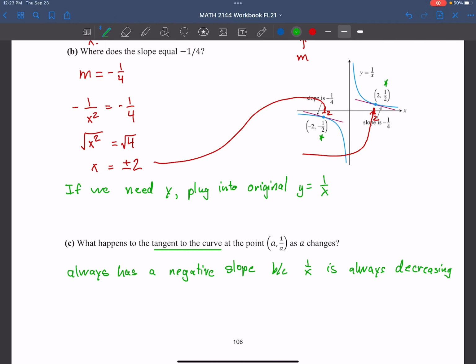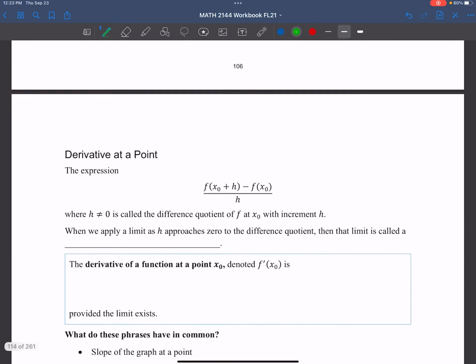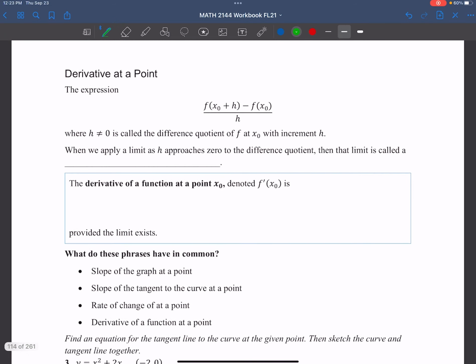So the slope of the curve is the same as the slope of the tangent line. And on the next page, we talk about the derivative at a point. The expression right here, which we've already talked about several times this semester, where h is not equal to 0, is called the difference quotient. Again, it's the difference quotient, just the terminology.